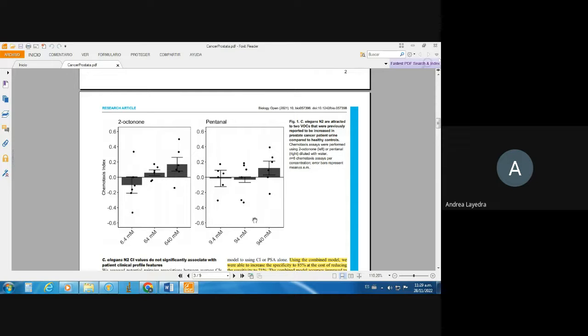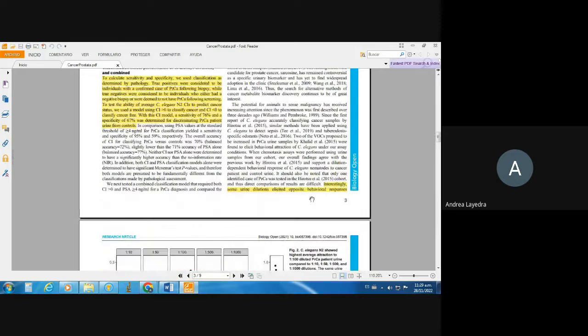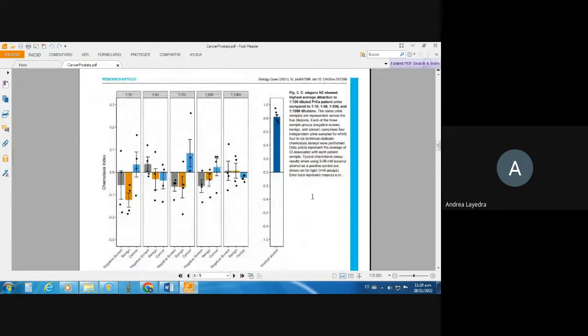And C. elegans demonstrated overall attraction to 2-octanol at these two concentrations, and to pentanol, it was only at the highest concentrations. Then they performed the assay with urine samples.